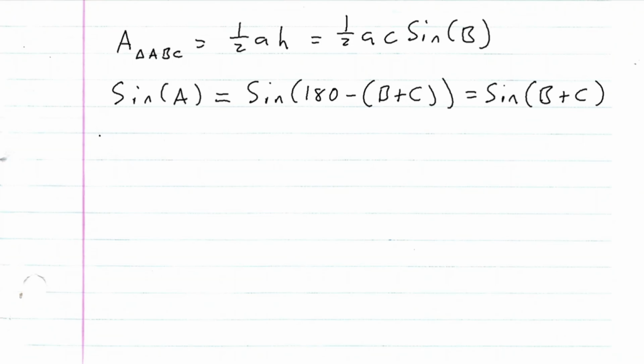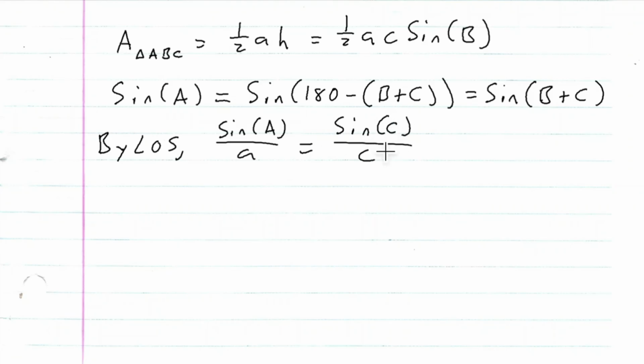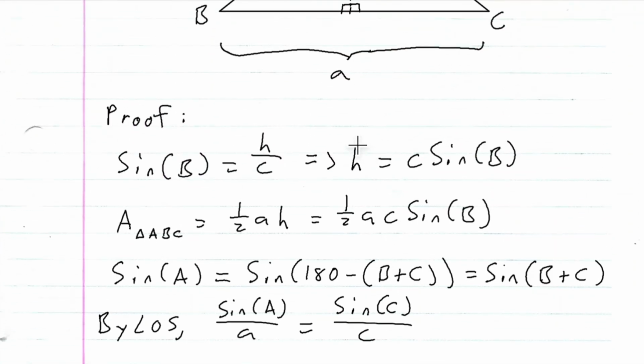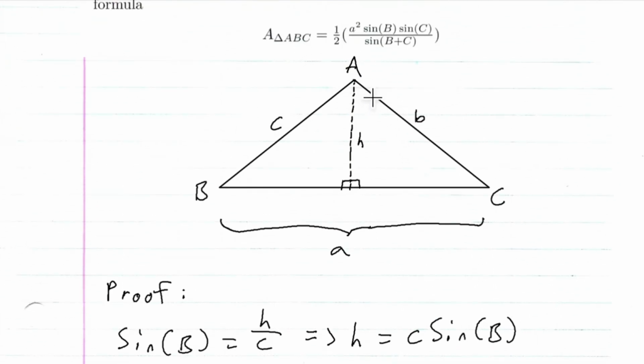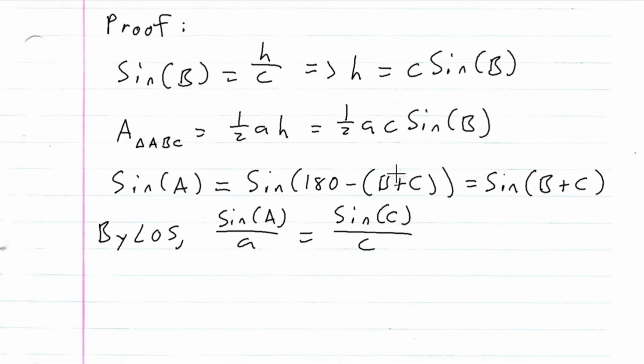Now by the law of sines, I know that sine of A over A is equal to sine of C over C. I'm trying to solve for C for my area of a triangle formula.